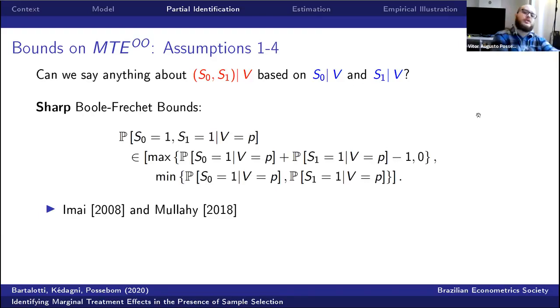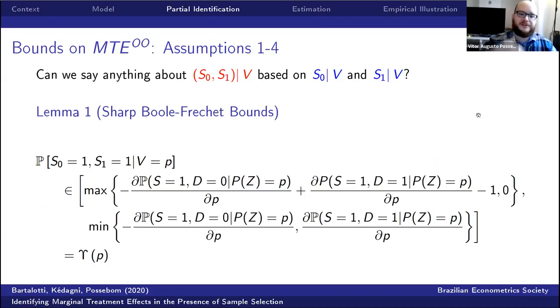There's an old result by Boole and Fréchet that shows that the joint is sharply bounded by this expression. Combining this classical result in the probability literature with our previous identification results, we can partially identify the joint distribution of potential employment statuses using the result in this slide.